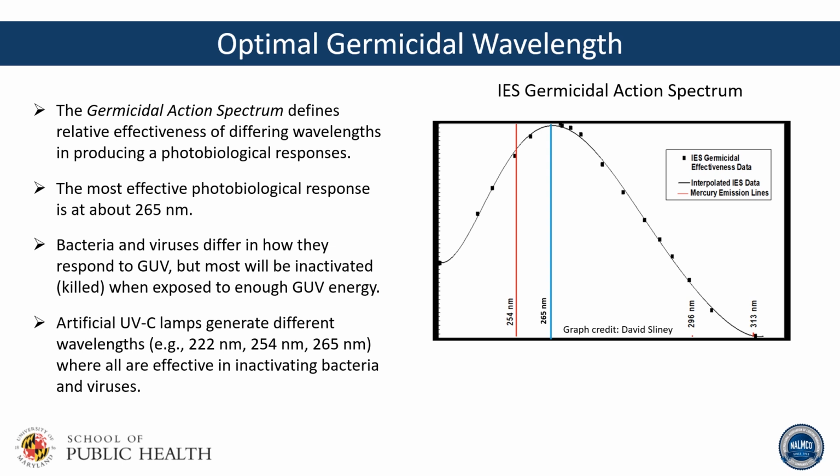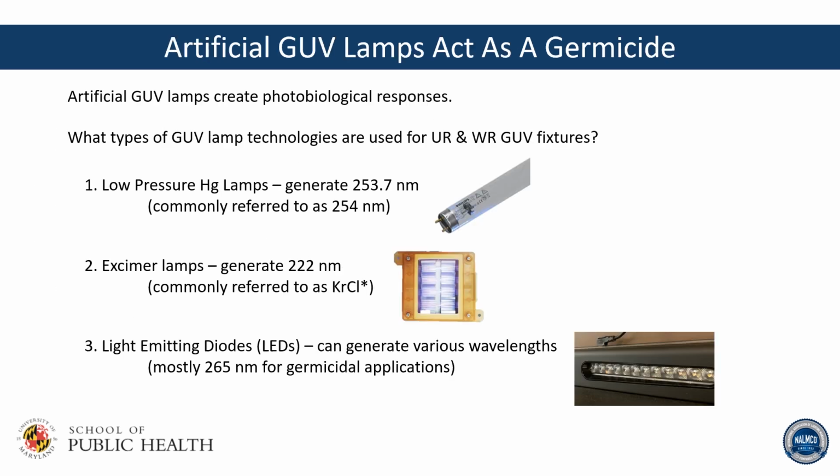So artificial UVC lamps can generate different wavelengths, for example, 222 nanometers, 254 nanometers, 265 nanometers, where they're all effective in inactivating bacteria and viruses. Artificial GUV lamps can act as a germicide and create this photobiological response that was just discussed.